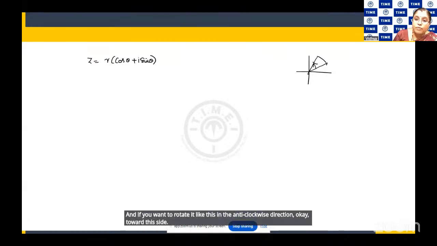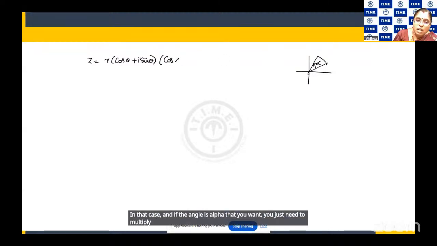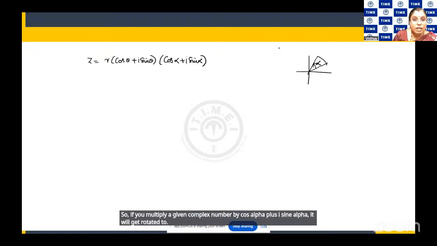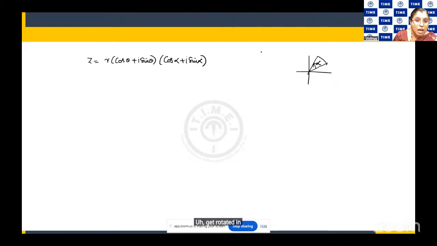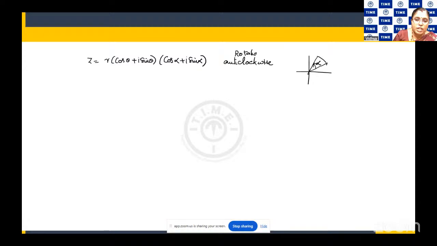In that case, if the angle is alpha, you just need to multiply by cos alpha plus i sin alpha. Okay, cos alpha plus i sin alpha. So if you multiply a given complex number by cos alpha plus i sin alpha, it will get rotated by the angle alpha in the anti-clockwise direction.